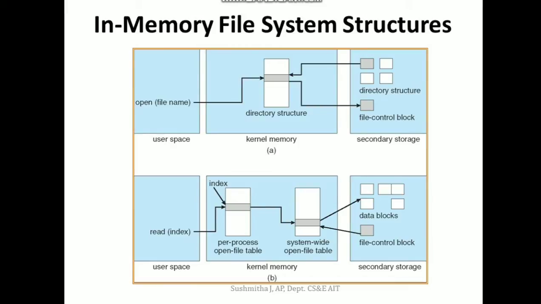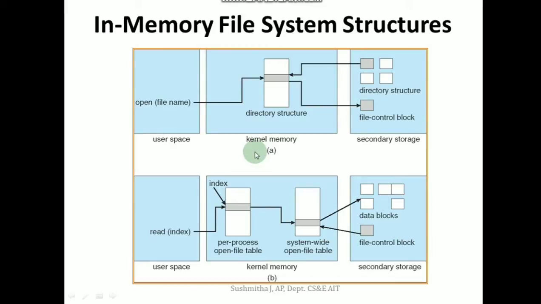Now let us discuss what are the steps that is required to create a file, open a file, read a file and write a file. So last class we had seen the layered file system structure, where we had seen the logical file system and the file control block. So all that will be intact here again.